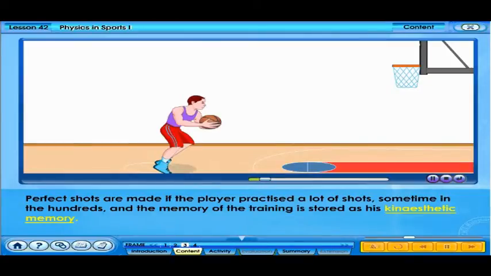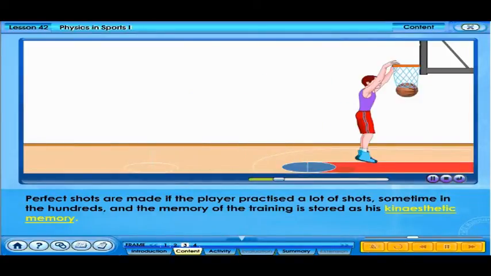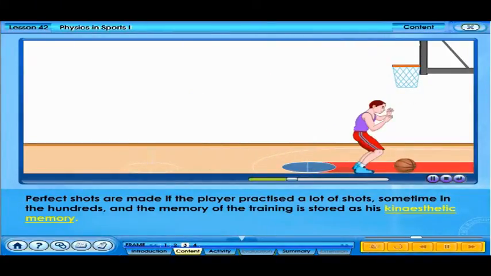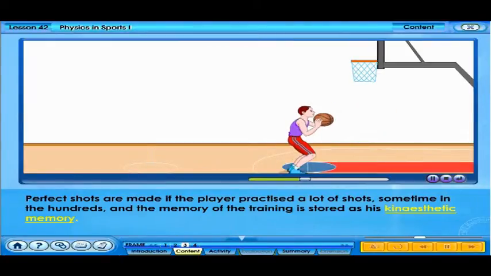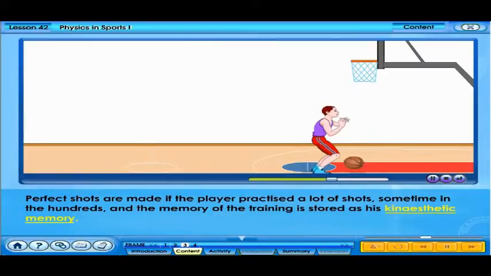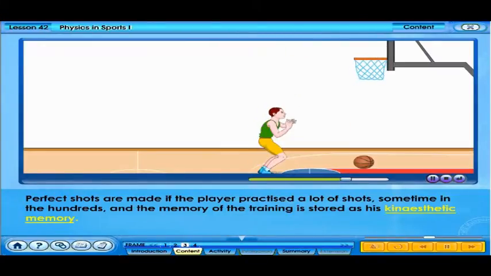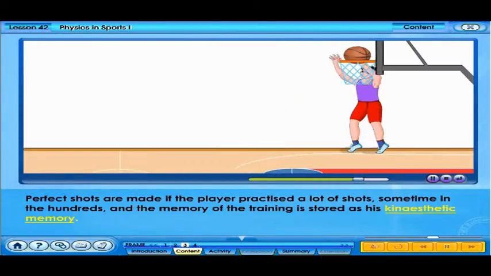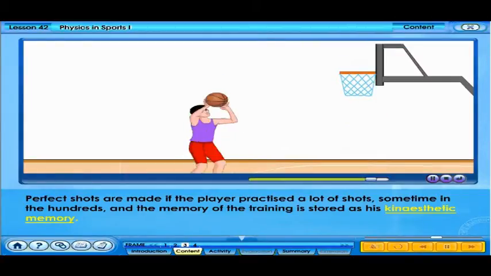The exact forces, velocity, and accuracy of shots could not be deduced from observation alone. A professional basketball player manages to make many successful shots because of kinesthetic memory. It can be explained simply as learning skills while doing, rather than from a demonstration or reading.